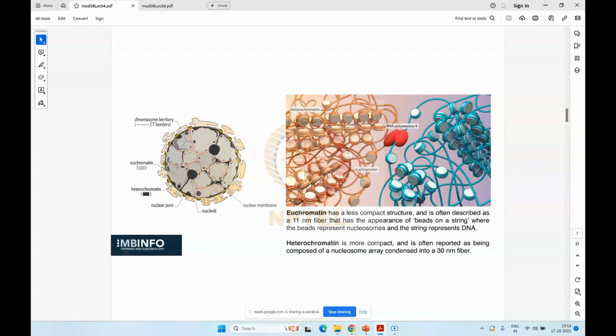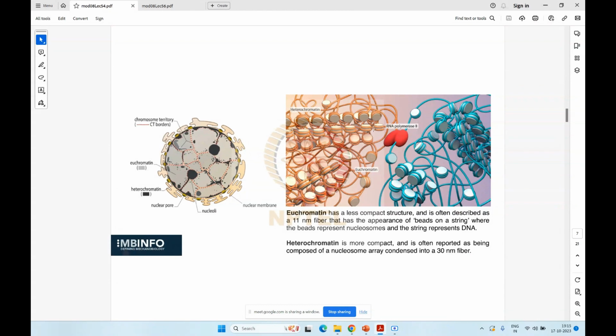There is this model called the beads on string model, wherein when you visualize these histone bound DNA, you would see them as beads which are woven through a string. So that's where the beads and string model comes from.